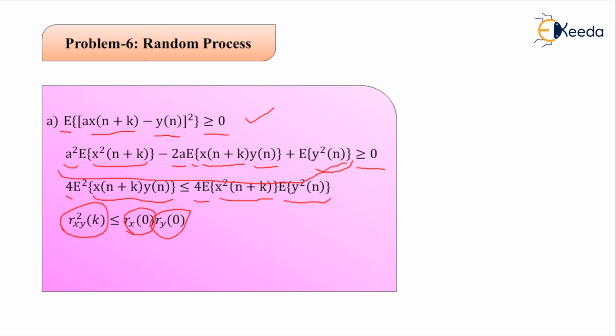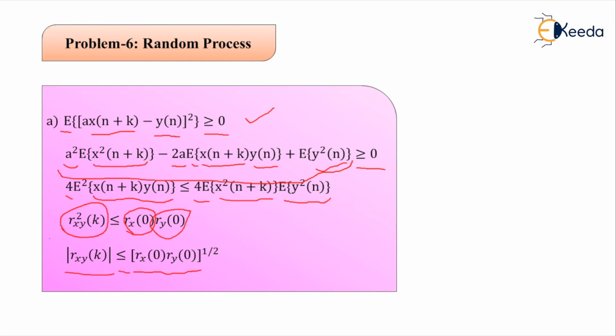If we take the square root on both sides, it gives the form: mod of r suffix xy, the cross correlation as a function of k, on the left hand side, is less than or equal to the square root of the multiplication of rx of 0 and ry of 0.